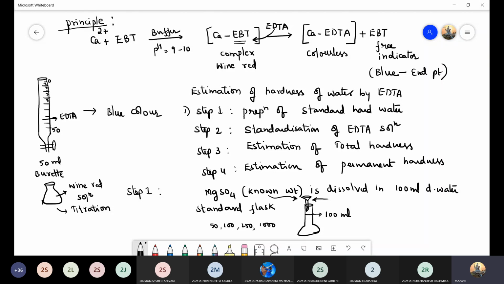Likewise, you have different capacities of the standard flask. Here we are preparing a 100 ml standard solution. You have to dissolve the salt in a minimum quantity of distilled water and then add the remaining distilled water up to the mark.